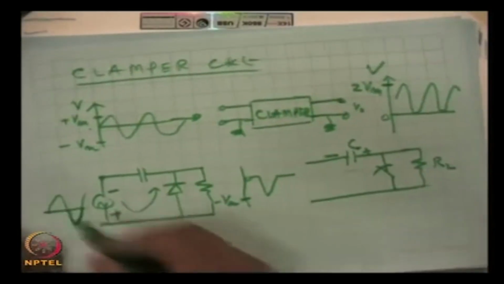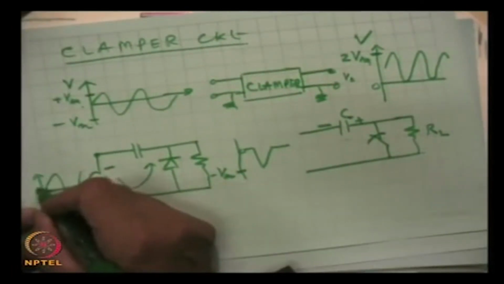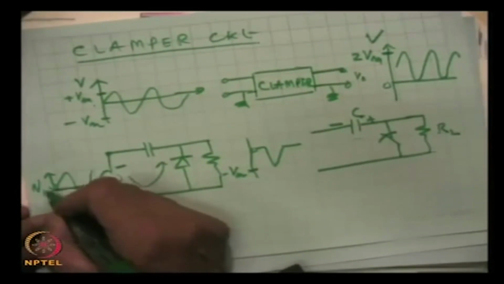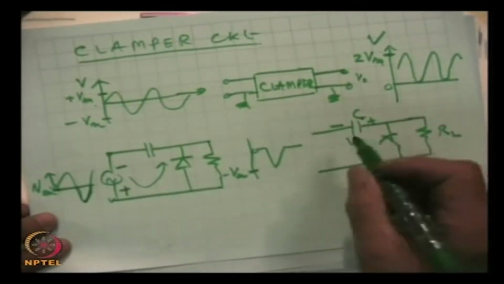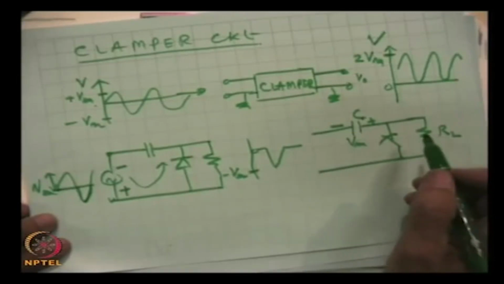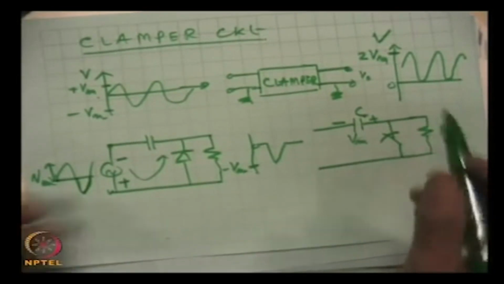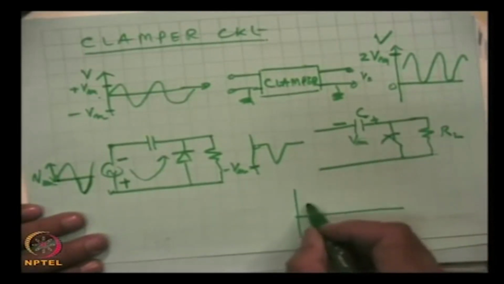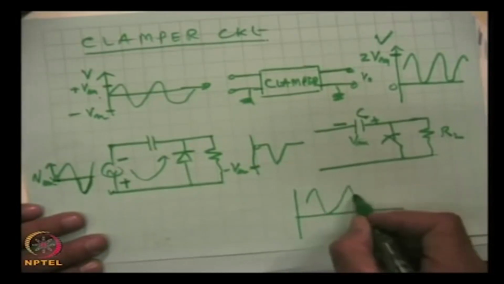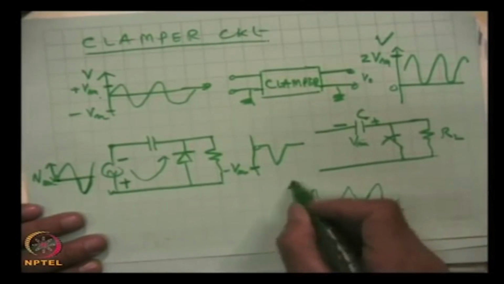For the upper half, this Vm plus this, which is having peak value of Vm, the two are added, and at the output we will get a wave shape, a wave like that.